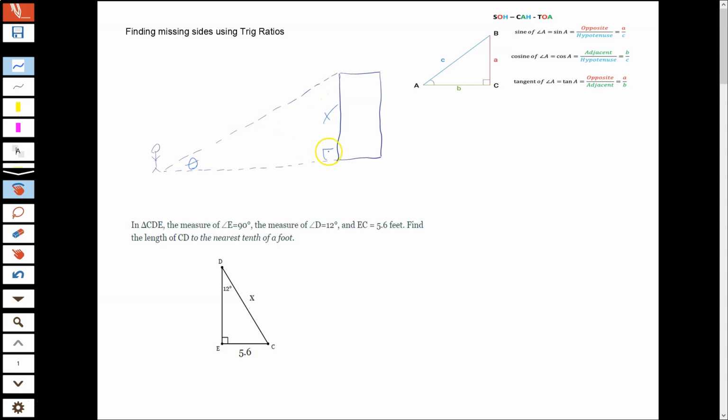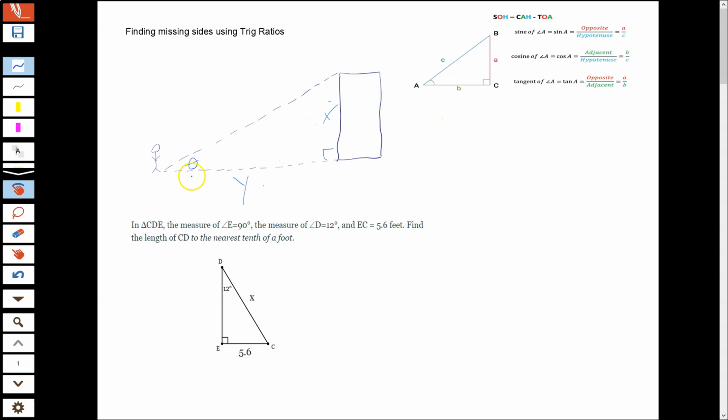Depending on the building, it might be pretty easy also to measure how far I am away from the building, right? This distance along the ground would be easier to measure than this distance up here, right? So let's call that y. And now I know enough math to write an equation that relates this angle to these two measurements, okay?